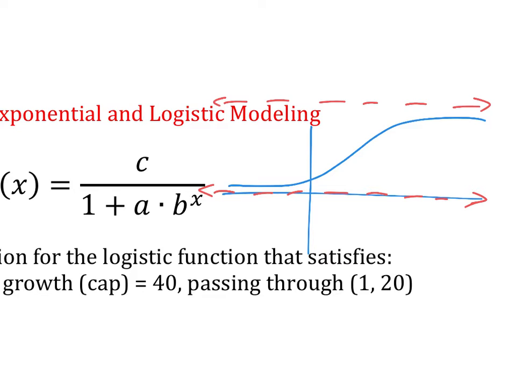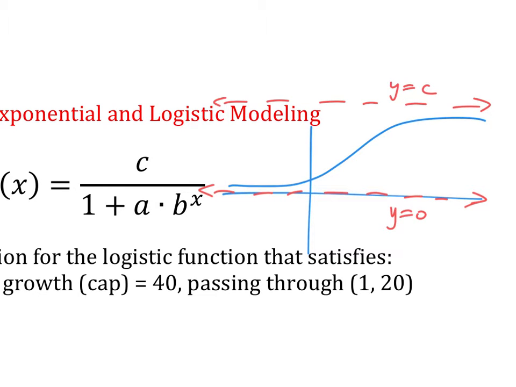If the logistic function is in this form, meaning you have a number on the top, and the key here is you have a 1 and then a plus exponential function, then the two asymptotes are y equals 0 and y equals c.